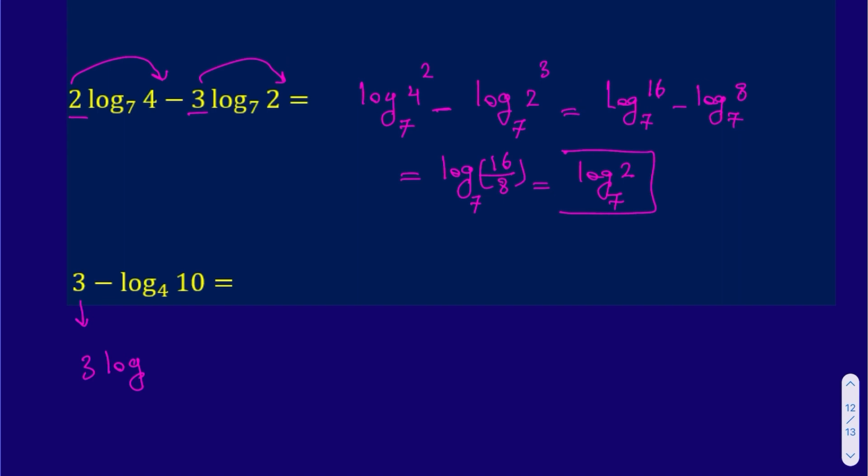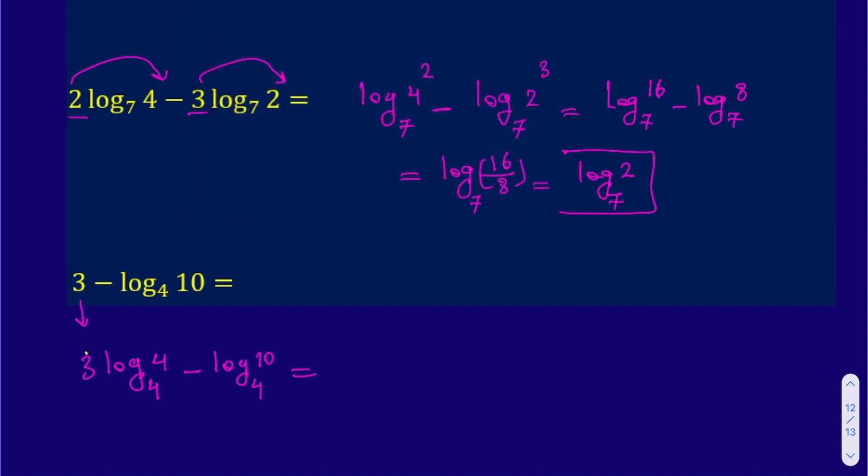I will select base 4 because the other logarithmic function has base 4, and this number should be 4 because log 4 to base 4 is equal to 1, and 3 times 1 is equal to 3, minus log 10 to base 4.